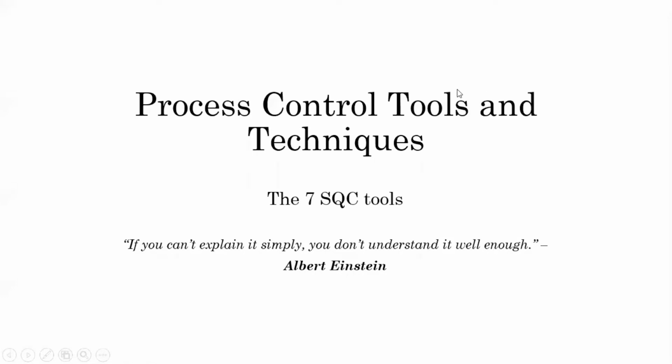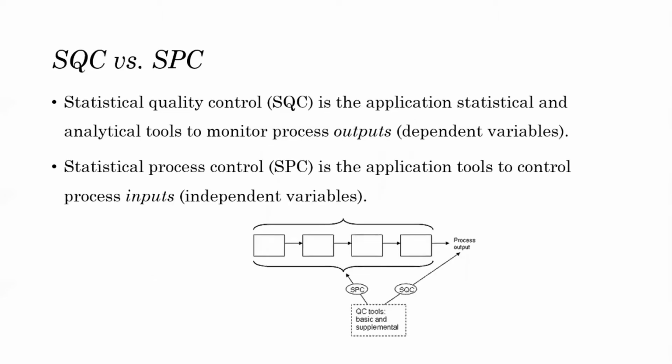As we started to discuss last time, this chapter would look at the tools and techniques that we are going to use in order to control our processes, that would enable us again to deliver quality products and services to our customers. And we say that there are two things. We have statistical quality control, where we'll be focusing our quality control on output of the process.